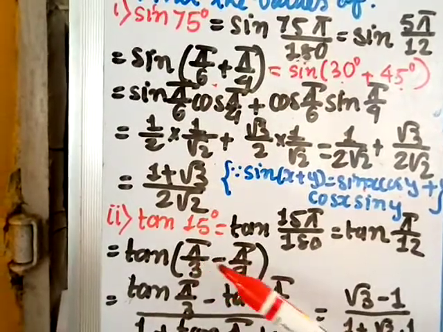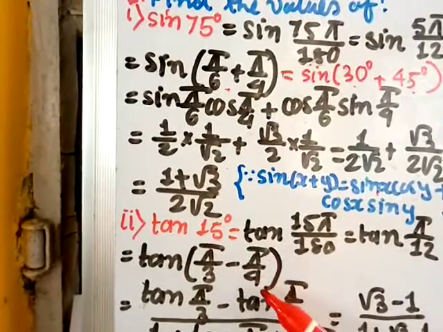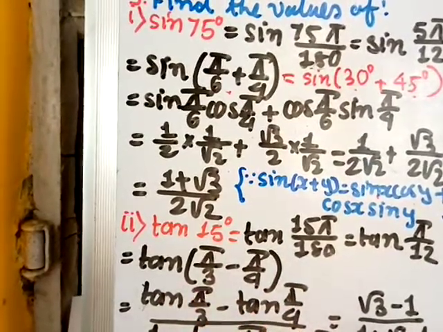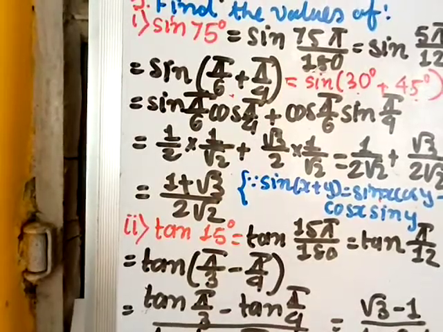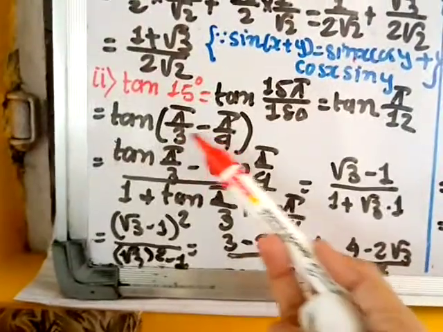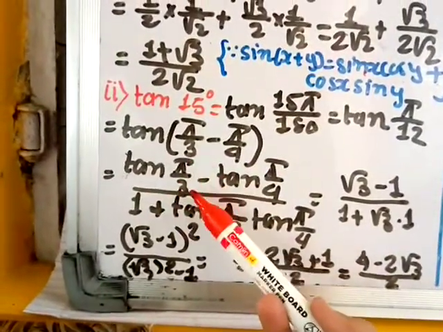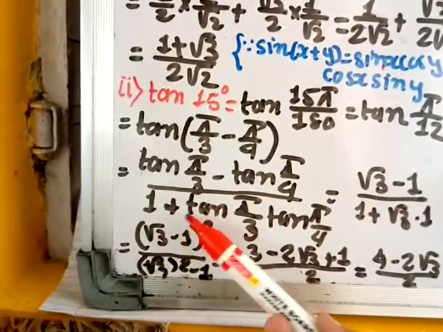Okay, 60 minus 45. So tan pi by 3 minus pi by 4. So we can use the tan formula. Tan is, you remember, tan x minus tan y divided by 1 plus tan x tan y. That is the formula. So I shall use that formula, and this is my x, this is my y. So tan x, that is tan pi by 3 minus tan y, tan pi by 4 divided by 1 plus tan x tan y.